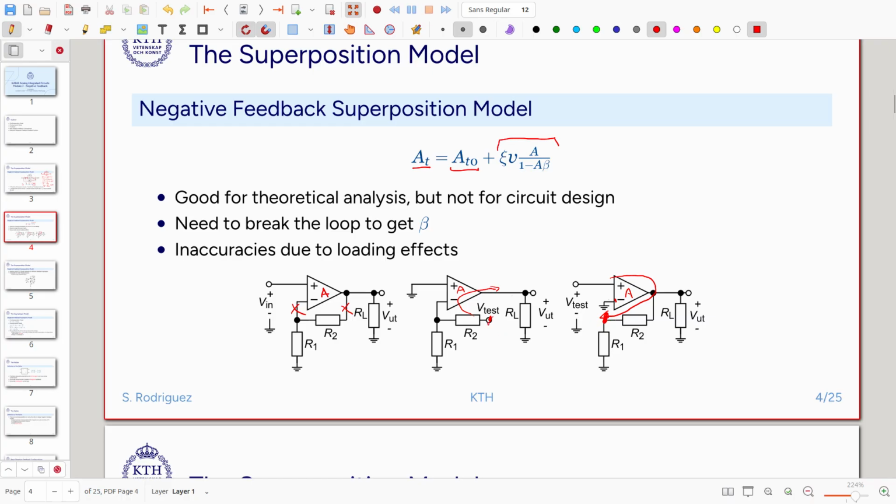Here it is the same. The load and the output impedance of the amplifier have been disconnected from R2, and then I'm going to introduce inaccuracies. So this is one of the problems of trying to use this equation directly to get beta.